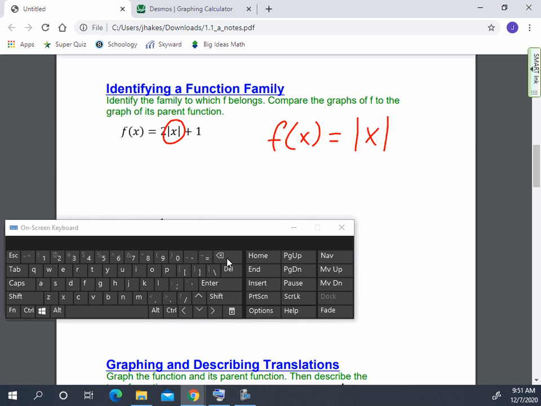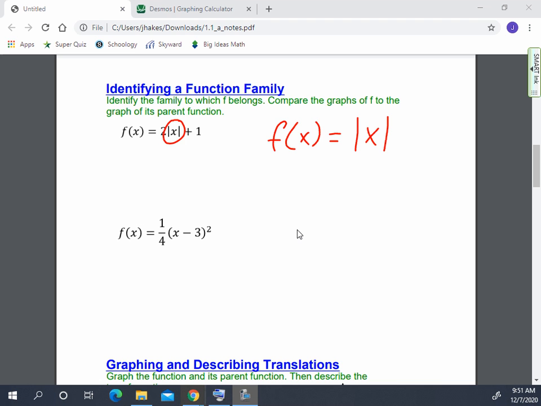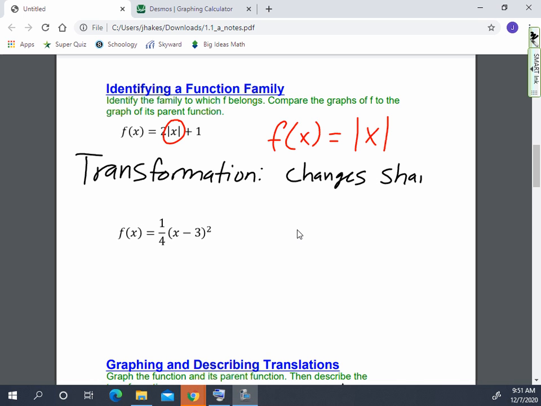Let's go back to our notes. Two things I wanted to show or tell you earlier. Transformations. A transformation changes shape, size, or position.